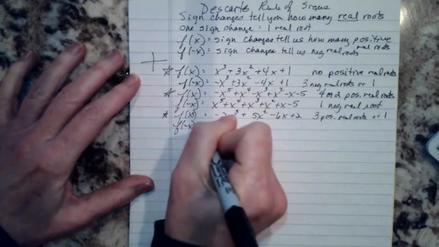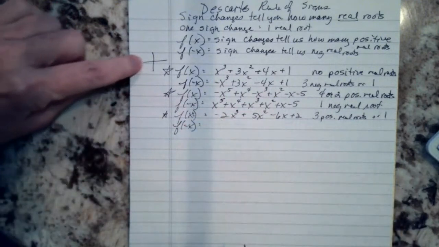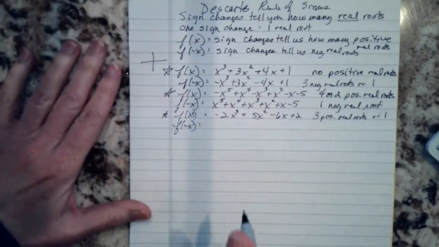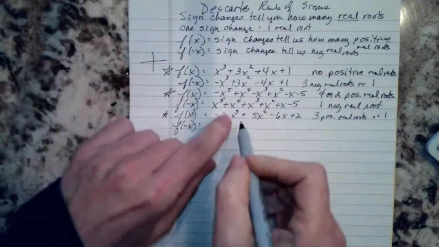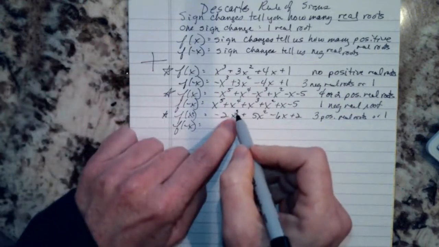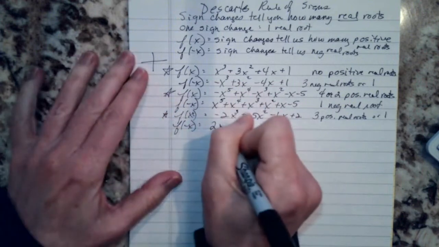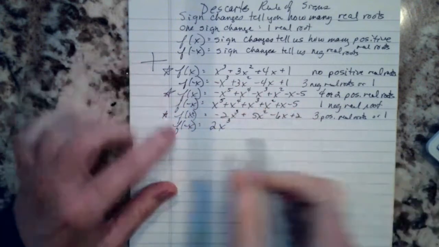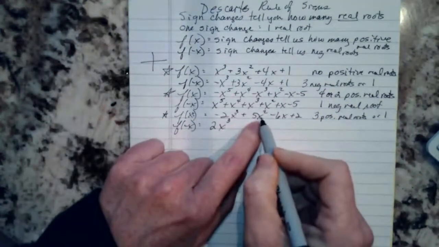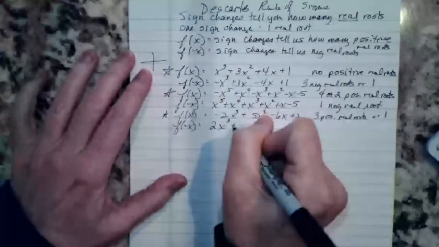And then let's look at f of negative x to see how many times it's going to cross over here on the negative side of the x-axis. Let's see, if we put in a negative x there, negative x to the third power gives you a negative x. It retains its negative. Negative times negative is a positive. If we put in a negative x right there, we'll make that positive.